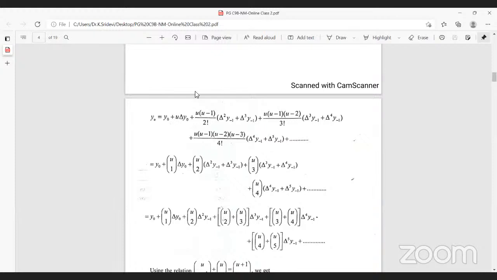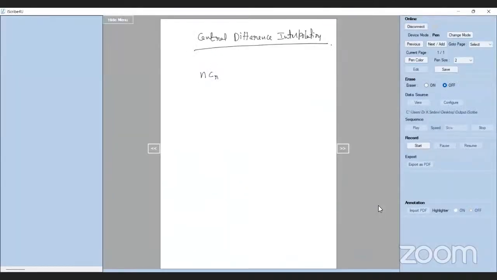The second term comes as u, and u can be written in a different form. Let me recall one formula. You know the formula nCr, which is n factorial by r factorial into n minus r factorial. In our formula, u is nothing but uC1. What is uC1?